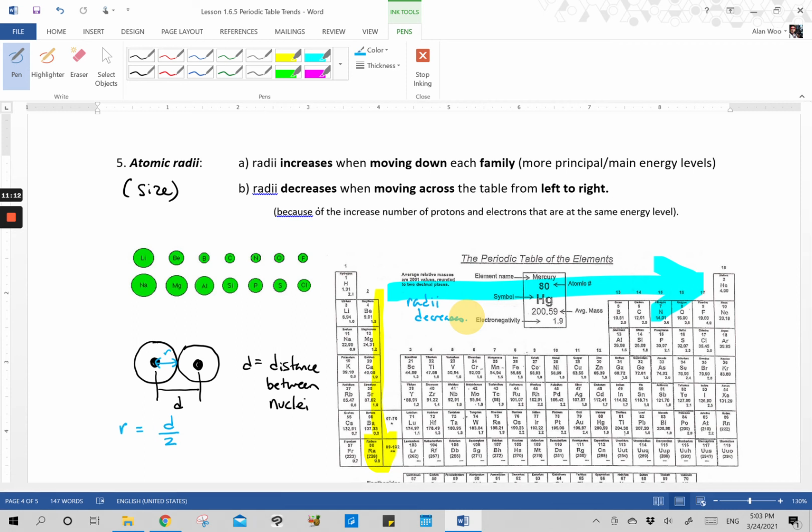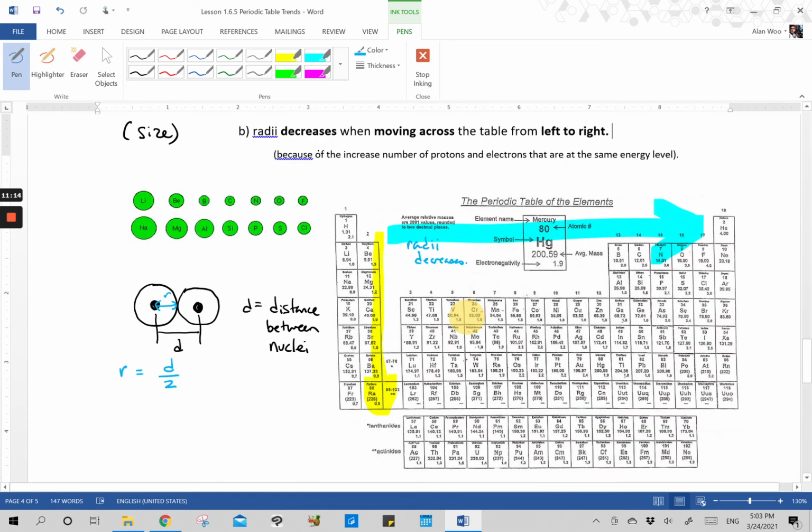Okay? And the reason itself is actually pretty simple. Okay? So this is what you have to think about. When you're moving from left to right, okay, the number of energy levels in shells of electrons do not change. Okay? So, for example, if you're looking at the second row, okay, this is the second energy level.